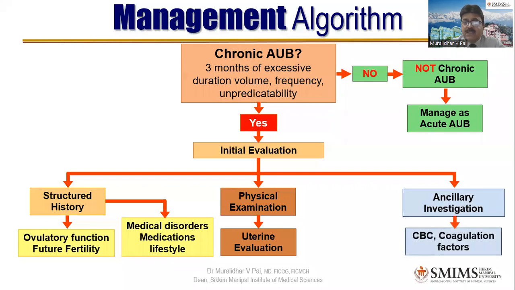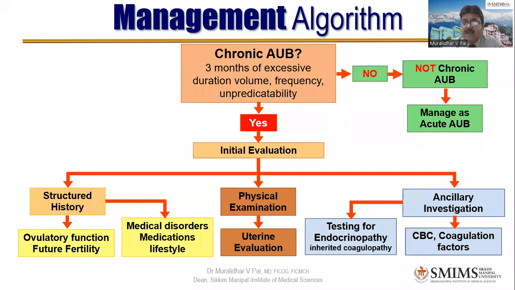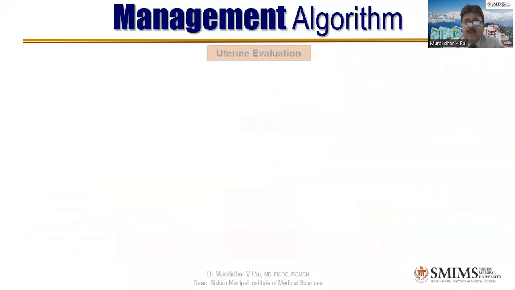Ancillary investigations include the usual ones, CBC, coagulation factors, and you can also test for endocrinopathy, for example hypothyroidism and hyperprolactinemia, and inherited coagulopathy, von Willebrand syndrome, and things like that. So that is to be done very, very elaborately.